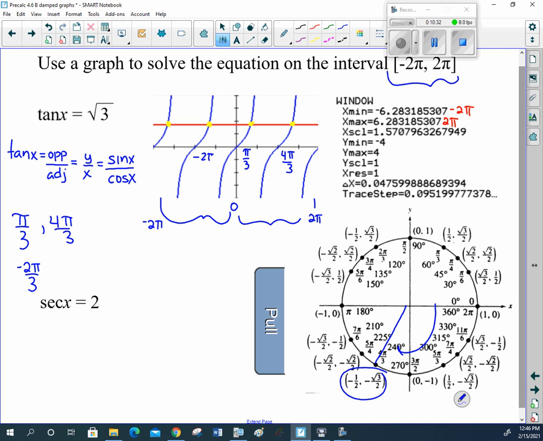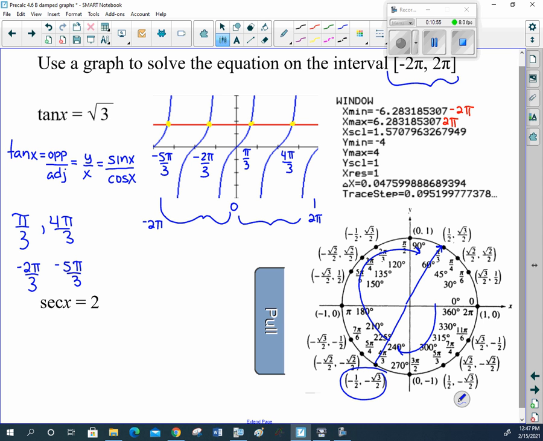And then we keep rotating around till we find the other spot, which was right here. And that would be negative 5 pi over 3, and that's what this value right here would be, negative 5 pi over 3.